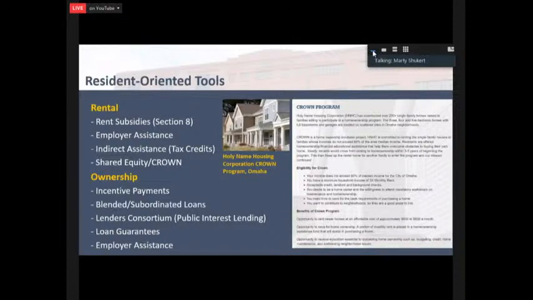And they have been probably in this state, Nebraska, and probably throughout the Midwest region, one of the most successful CDCs or nonprofit community development corporations that we have in terms of effectiveness, viability, number of units, and diversity of projects. They've been a very, very good agency.